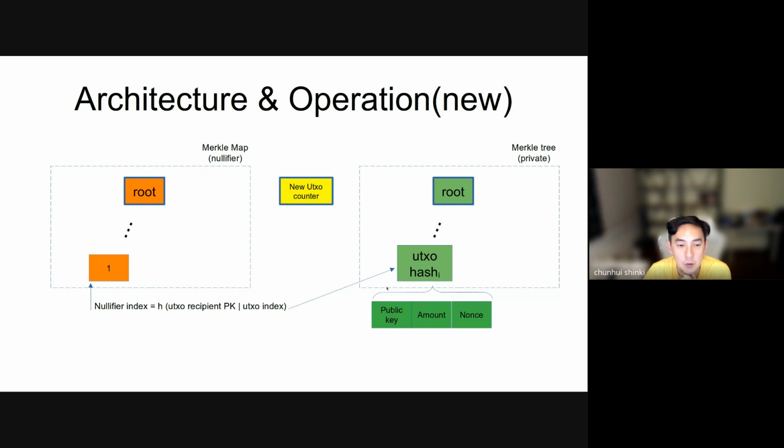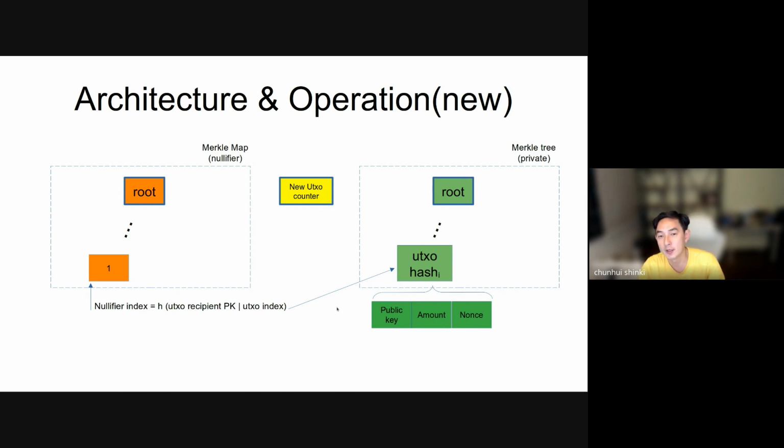What we do is we take the public key and the index and hash them together, and we put this through the nullifier function and then calculate the index. We set that specific index of the Merkle map to 1, and this indicates that this specific UTXO has been spent.